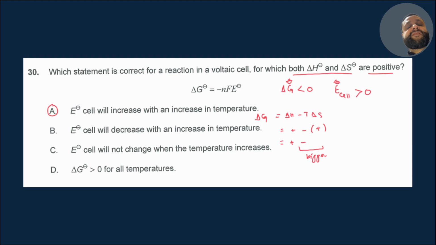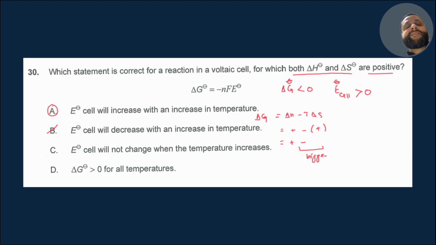Well, let's read statement B. E cell will decrease with increase in temperature. No, because the E cell value will increase with increase in temperature, because T delta S will be bigger and delta G will be more negative. Let's read statement C. E naught cell will not change when the temperature increases.